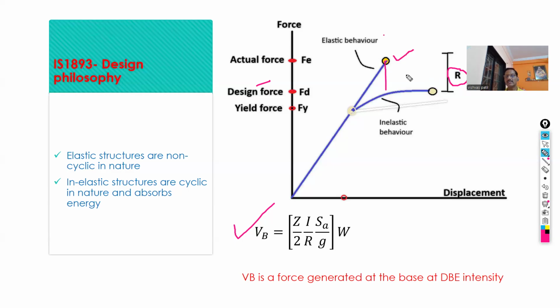Since we are not designing for the actual force, we are designing for lower than this. Obviously, the structure will yield, and after yielding the structure enters the inelastic range. This is the inelastic behavior of the structure. As far as seismic resistant design is concerned, this is the expected behavior.